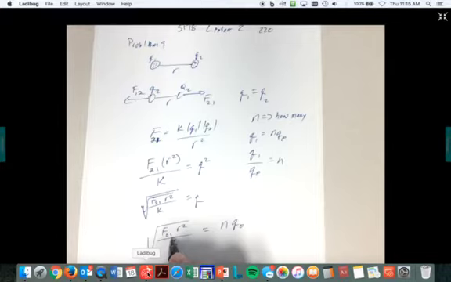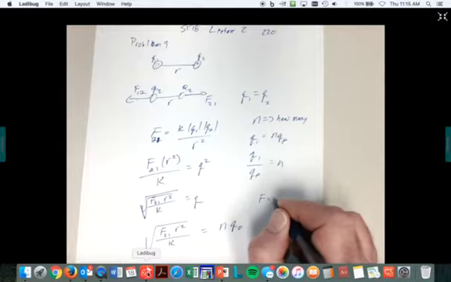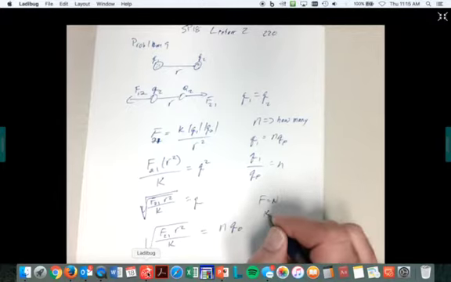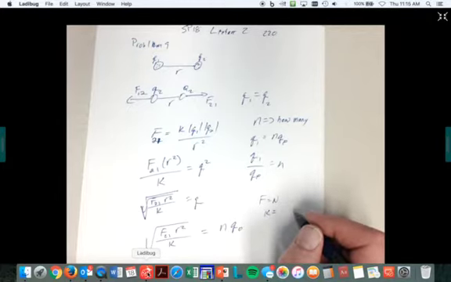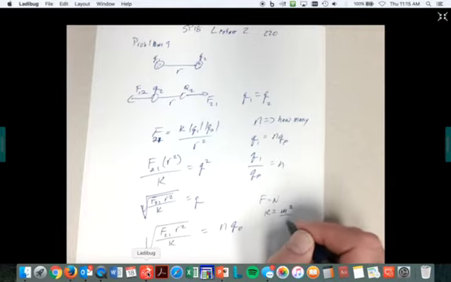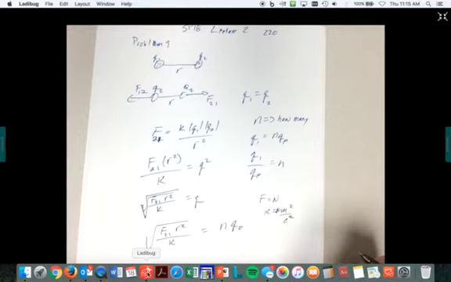You divide, and this should come out to be coulombs, and it does, because the force is in newtons and K is newton meters squared per coulomb squared.